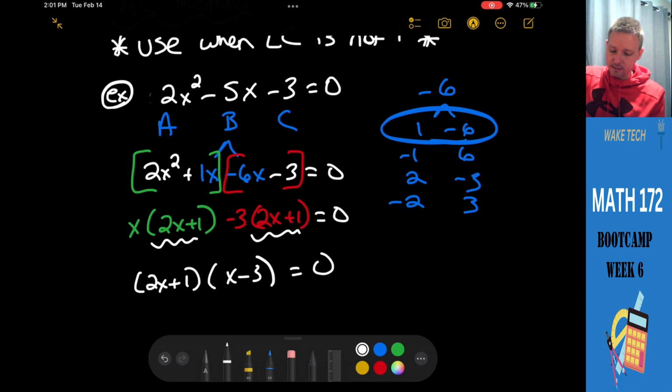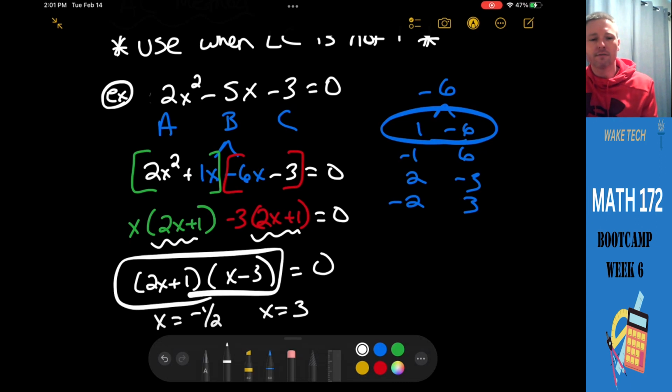Again, to solve, we would get -1/2 or 3. And my bigger point is the factoring, though. Questions about that one?